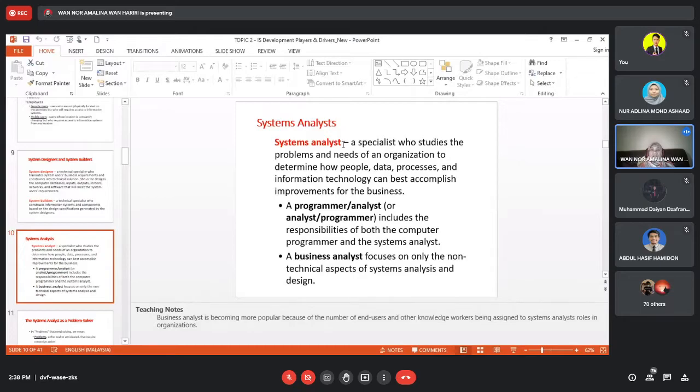Systems analyst is the role that you are doing in ISP550. Being the information systems engineer, you are playing the role of the systems analyst as well, because you will have to identify the problems faced by the organizations and propose the best solution to the problems that they are facing.